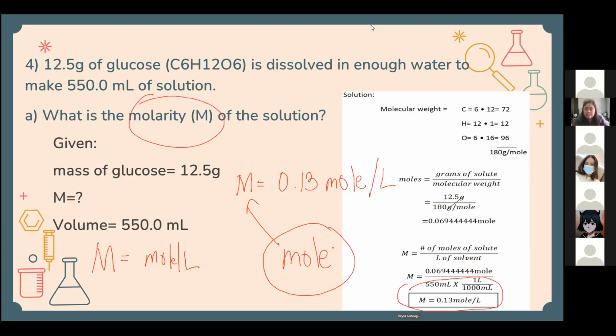The correct answer here is 0.13 M or 0.13 moles per liter. Again, this mole here is different from the capital letter M. Capital letter M refers to the molarity. Its unit is just moles per liter or capital letter M. So please do not remove the liters. So the answer is 0.13. Okay, I hope that is clear.